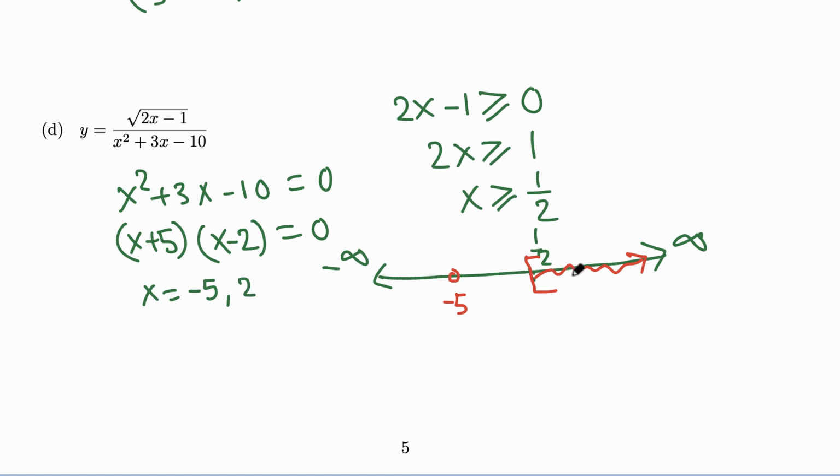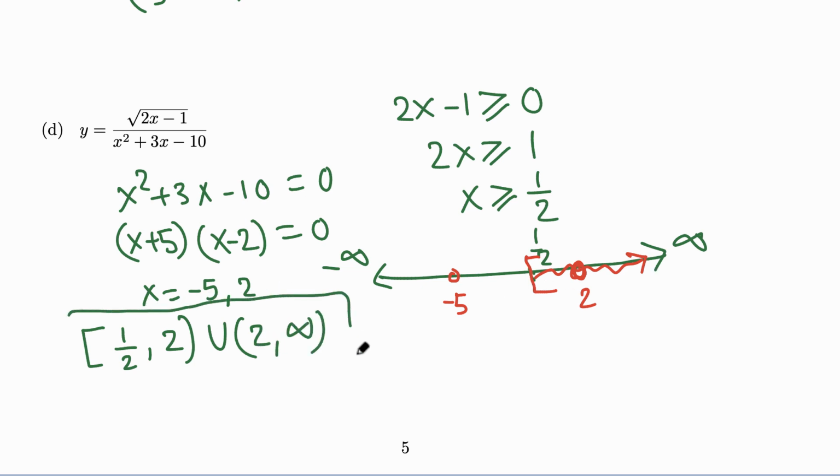And there is 2; at 2 there is a hole. We cannot have 2. So the domain is all real numbers bigger than or equal to 1/2, but not including 2. So we start with 1/2 and go to 2, with a bracket then a parenthesis, union 2 to all the way infinity. So this is the domain.